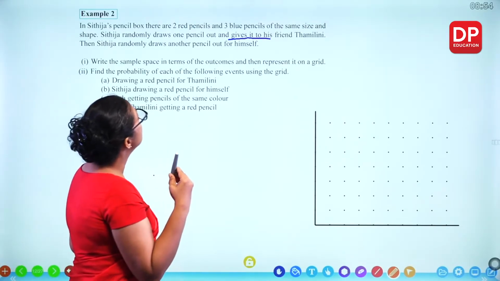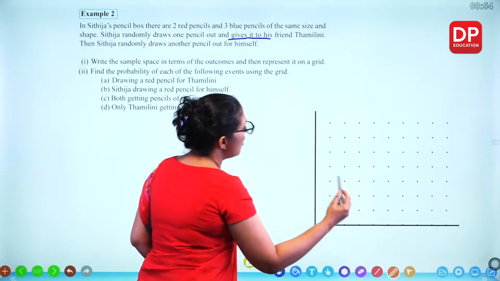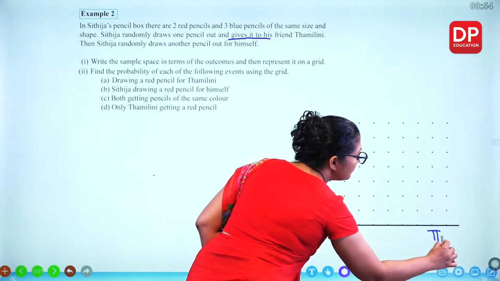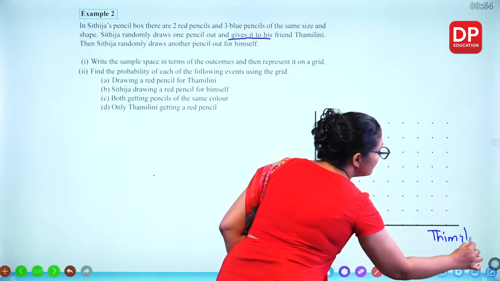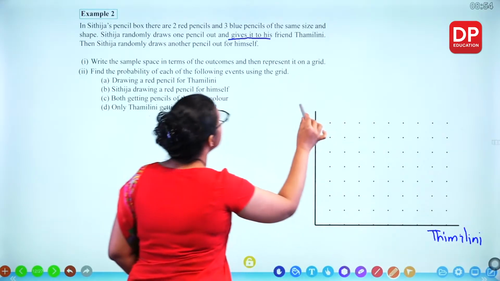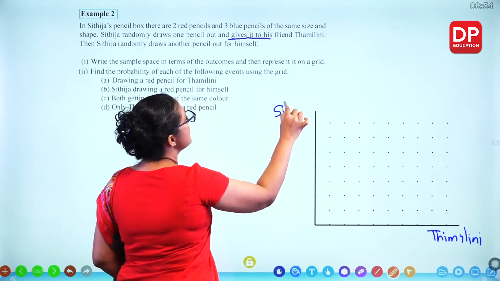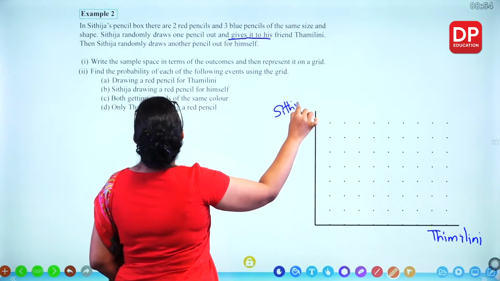So, here this is for Thimalini, and this is Sithija's pencil.